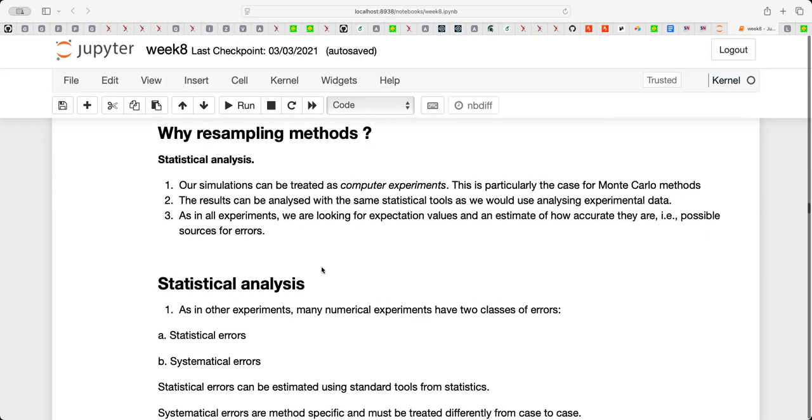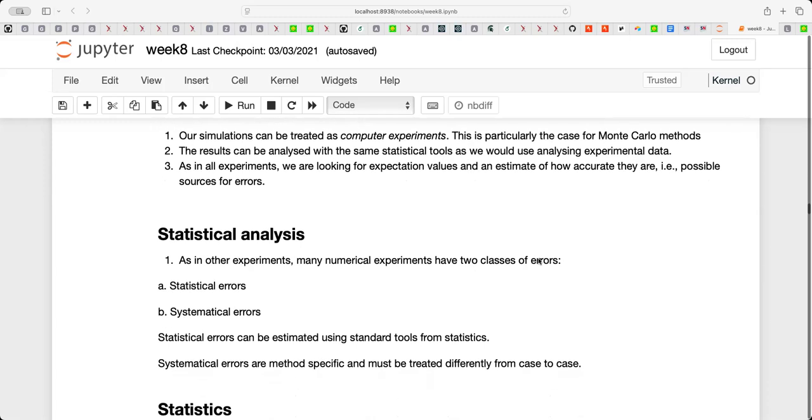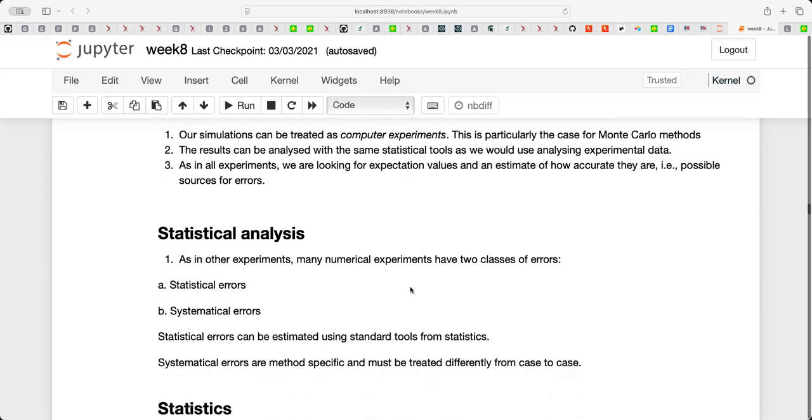And as in all experiments, you're looking for expectation values and an estimate on how accurate they are. So we want to estimate the errors. In many numerical experiments, typically you have statistical errors, and we can handle those because we have tools to do that. The things which are difficult to deal with are systematic errors.